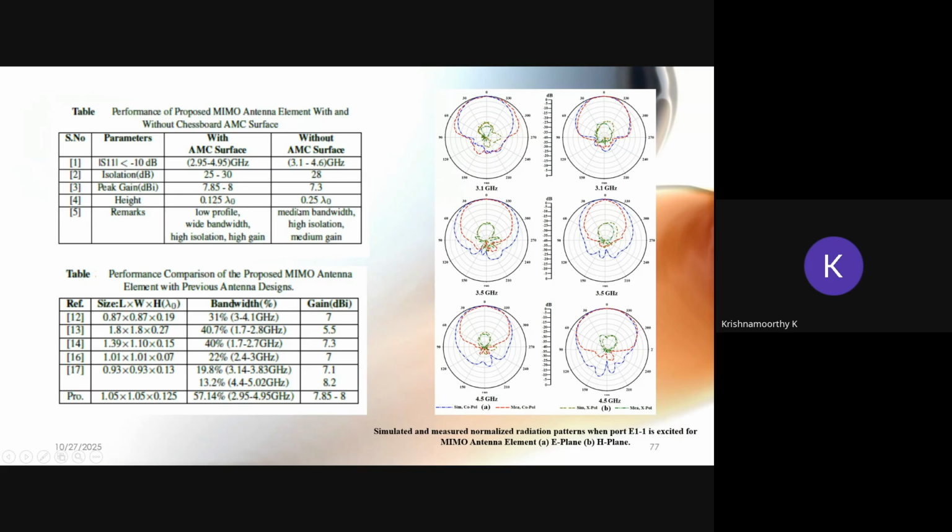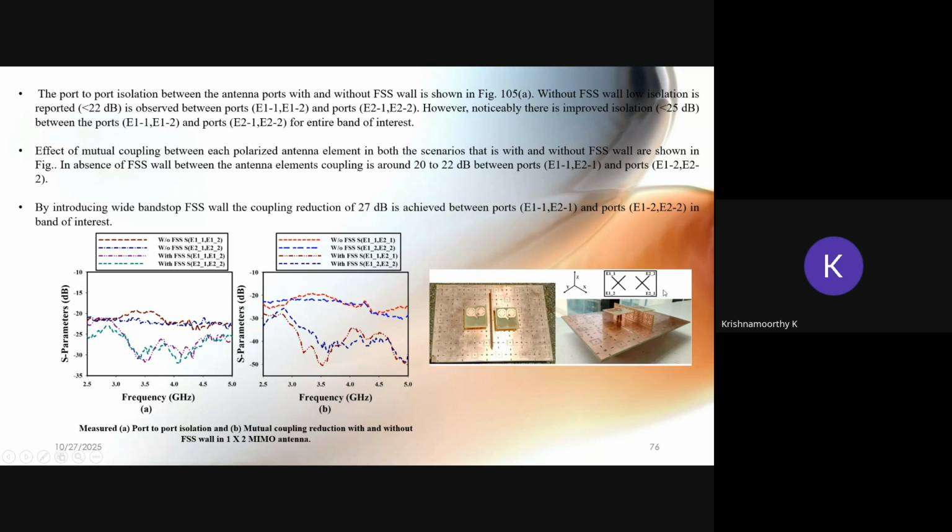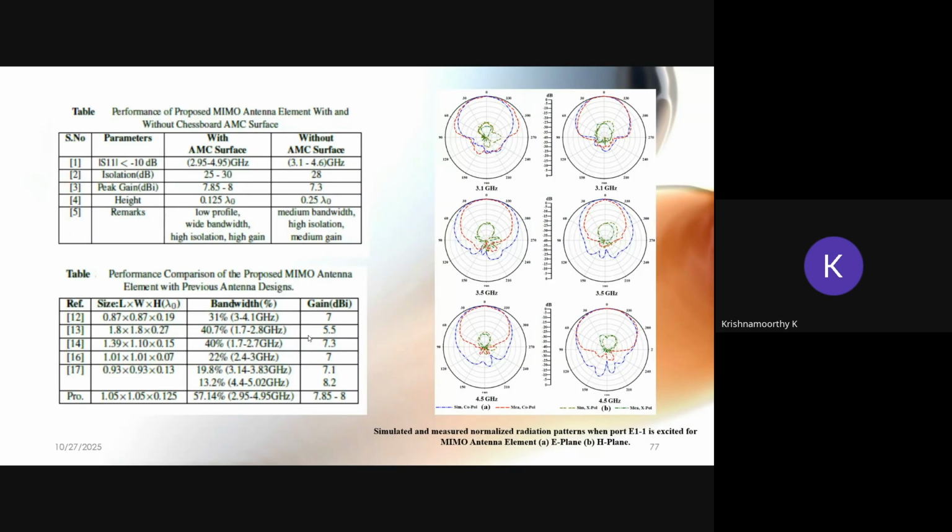These are the advantages of the AMC structure along with the MIMO antenna. The MIMO antenna loaded with this kind of FSS structure can reduce the mutual coupling between the array elements, so we can place the two antennas very close to each other. The antenna height as well as the spacing between the two antennas can be reduced, so we can get very compact antennas.